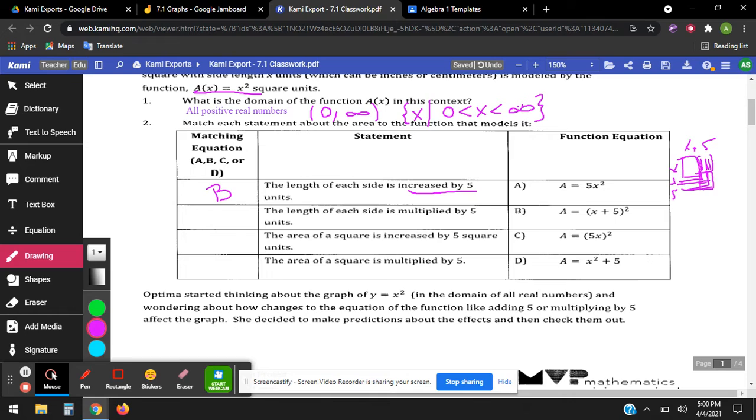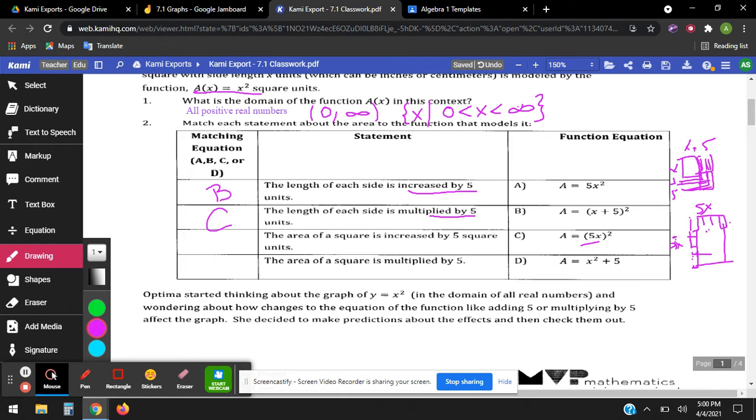The length of each side is multiplied by 5 units. Well, if this is one length, and we're going to do 5 of those, 1, 2, 3, 4, 5, and then we've got this one, 2, 3, 4, 5, to make our new 5x and 5x, then that would make this C right here.